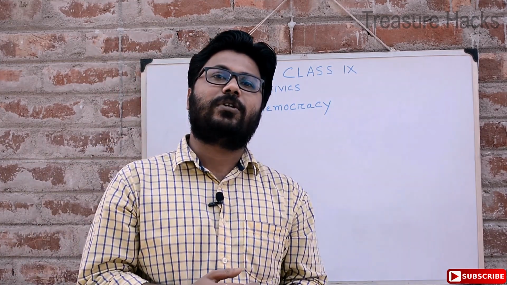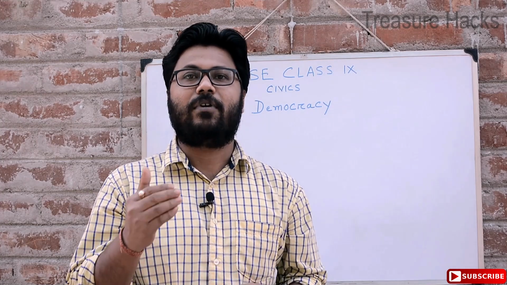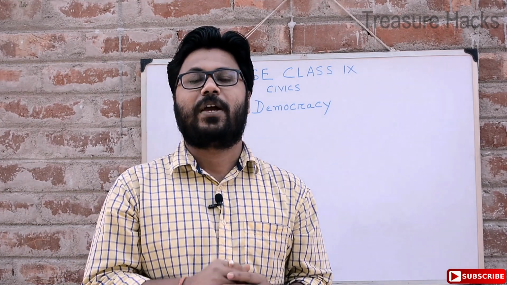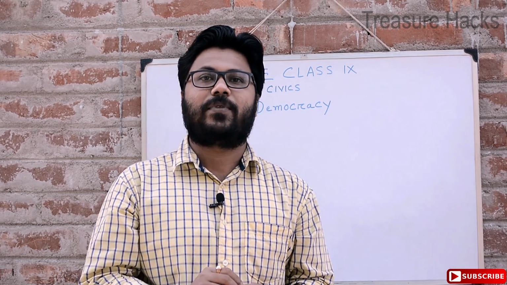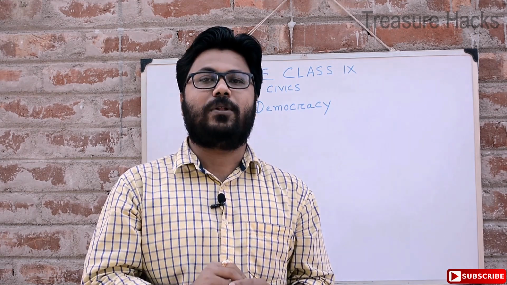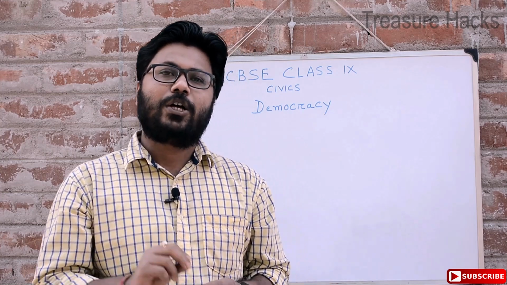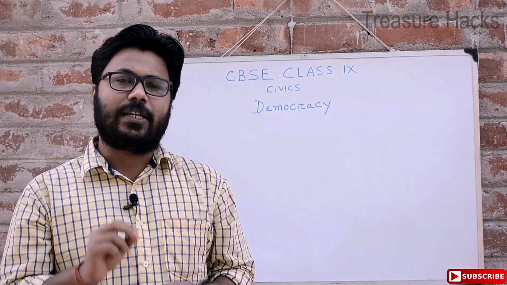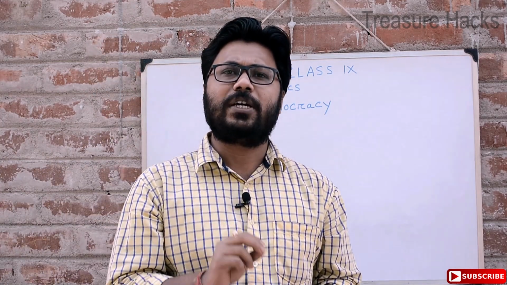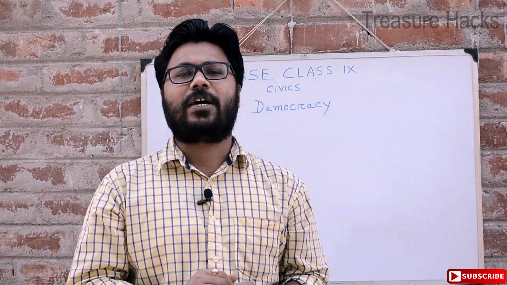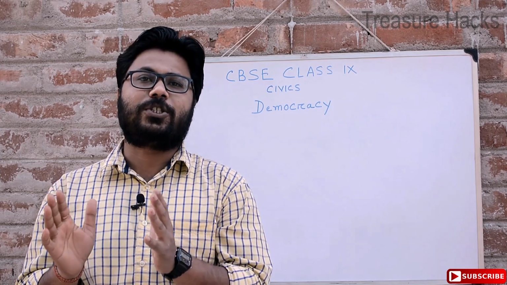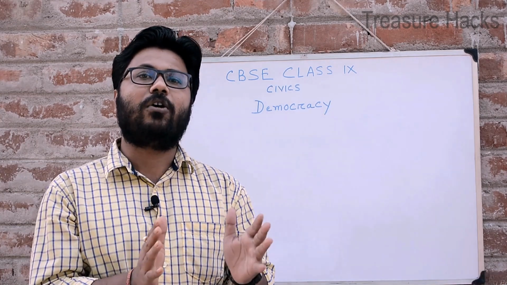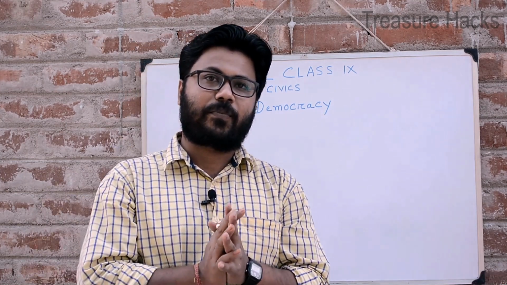Now, as for the merits or advantages of democracy, number one, the democratic government has to remain accountable to the people. To illustrate this point, an example has been given in your NCERT book, that is, in 1958 to 1968, a famine occurred in China.